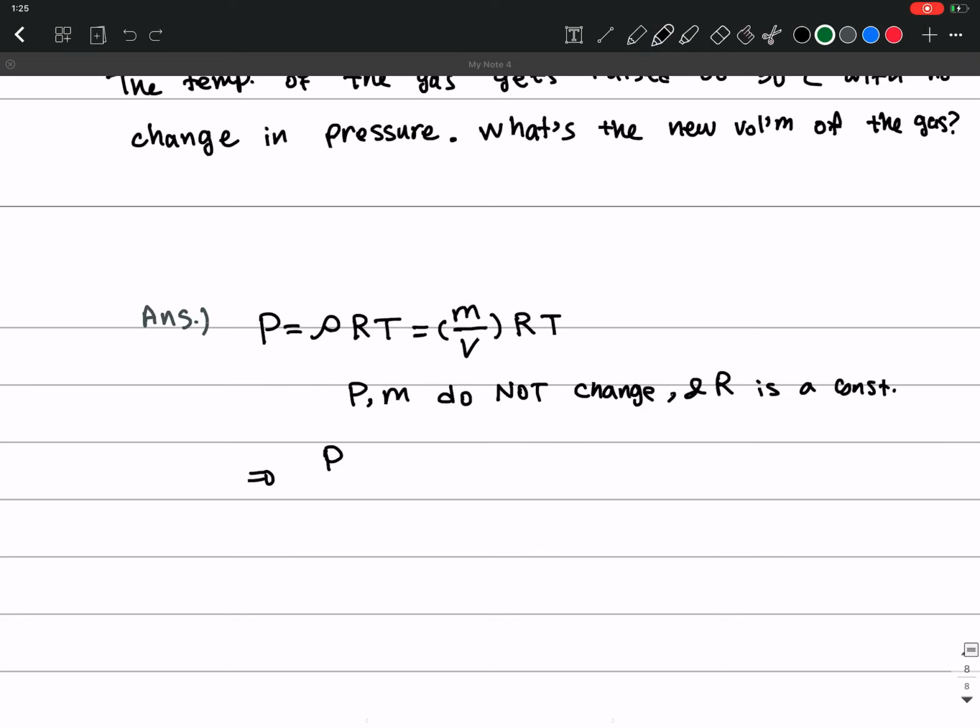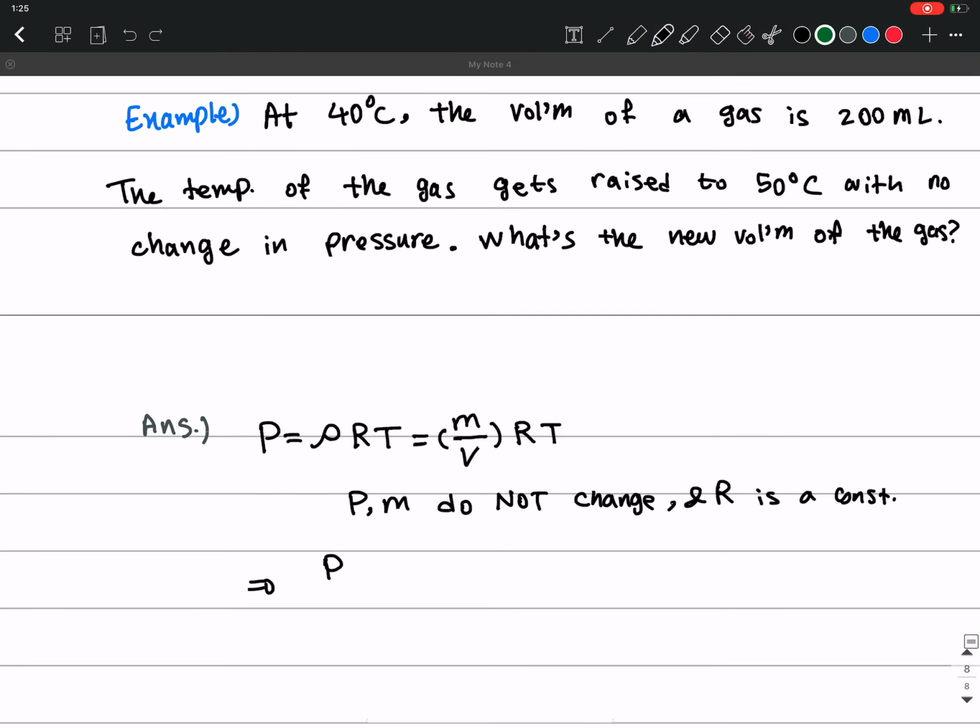And M is also not going to change. The mass of the gas is not going to change during this transition. We are not adding any gas, or having any discharge or leakage of gas from the volume we are investigating.